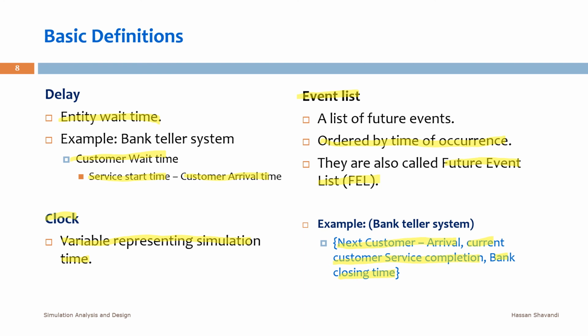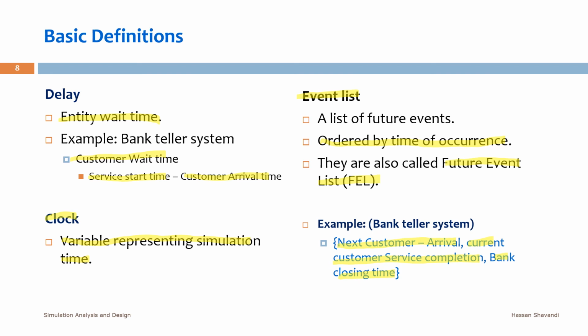So this list says that the next event from now could be a customer arrival, or a current customer service completion, I mean a departure, or it could be the bank closing time.